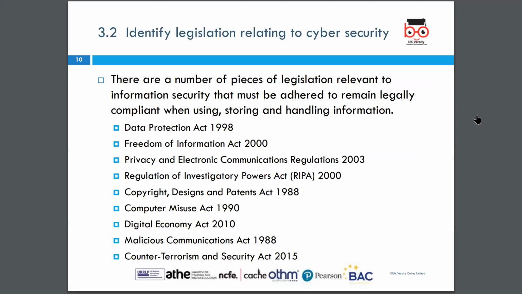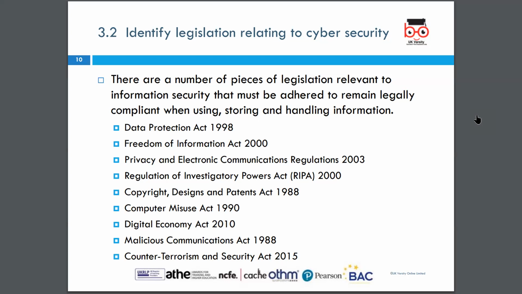Also, we looked into forensics. We have looked into the legislation and the acts which are going to protect us from any type of attack. We have mentioned a couple of them, such as data protection, which covers GDPR, and also the Freedom of Information Act, privacy and electronic communication, and so on.